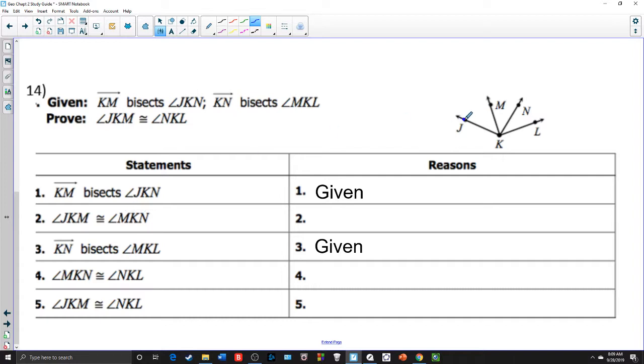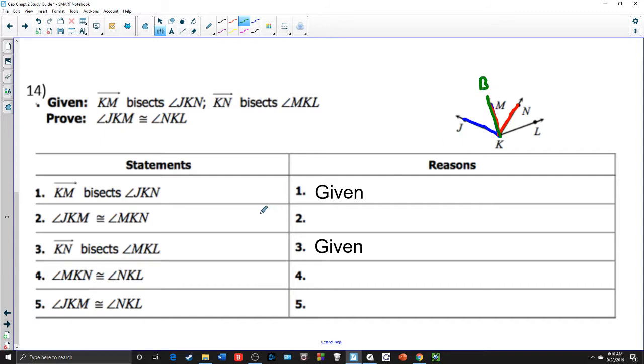So JKM, which is this one right here, is congruent to MKN, which is this one right here. And we know from the top here that KM bisects JKN. So here's JKN, here's KM. So we know that this is a bisector. I'll put a little capital B here for bisector.